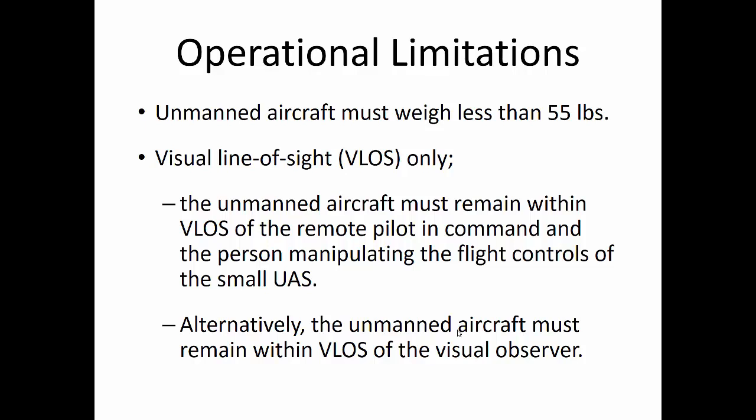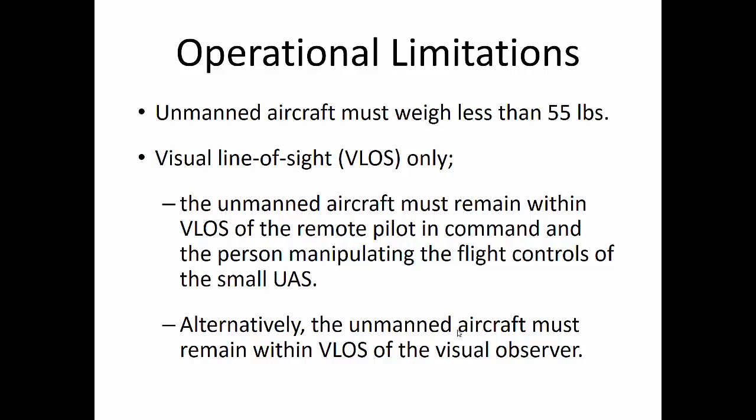It does specifically state in Part 107 that visual line of sight is required. The unmanned aircraft must remain within visual line of sight of the remote pilot in command and the person manipulating the flight controls. We'll talk more about the remote pilot in command here.